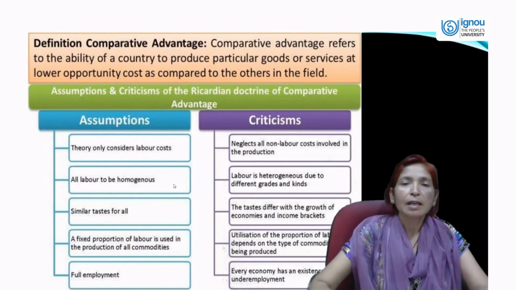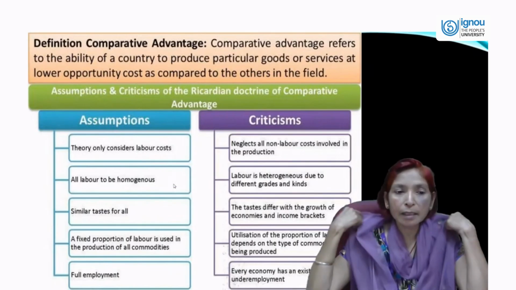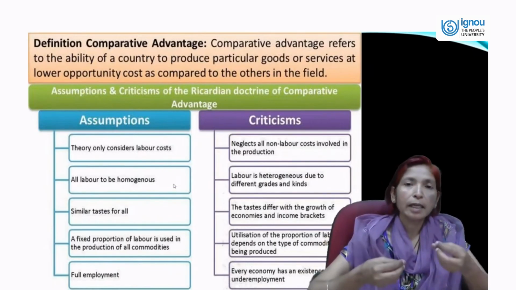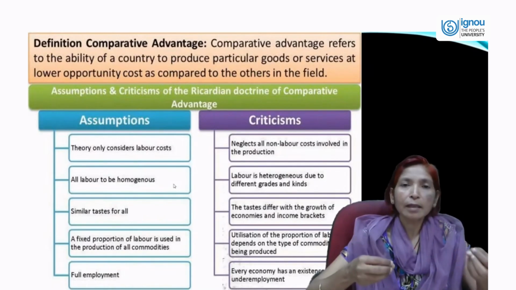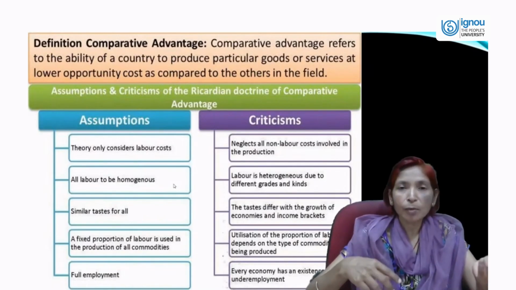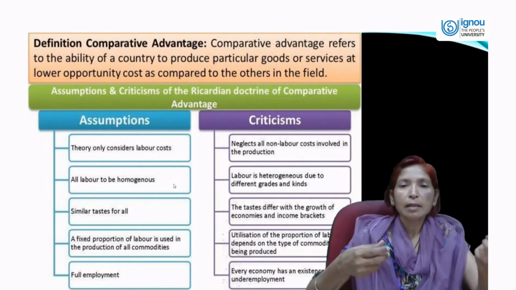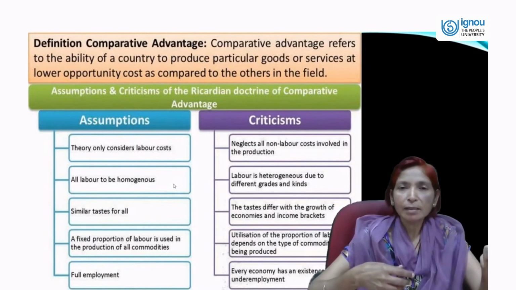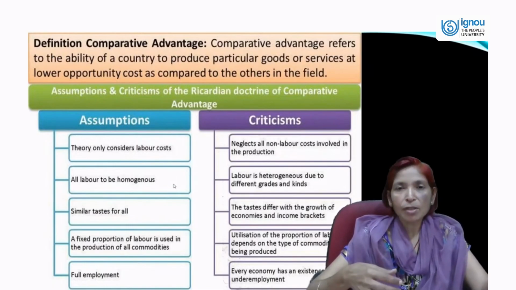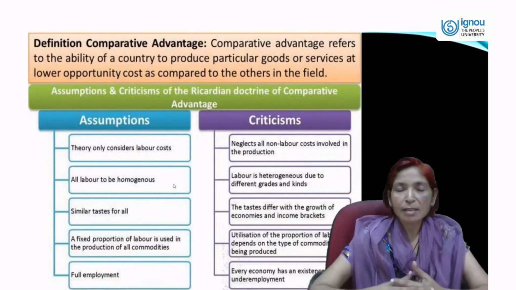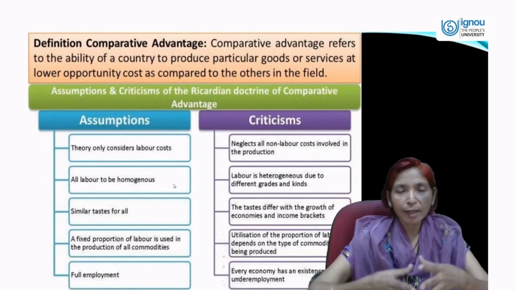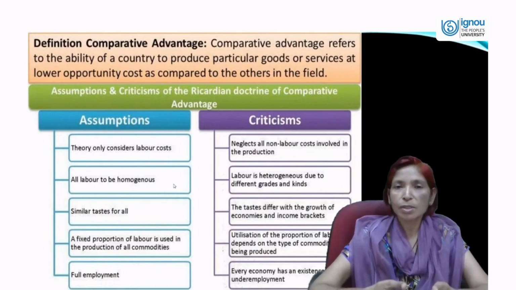The first assumption is that this theory mainly considers only labor cost. We know that factors of production are four: land, labor, capital, and entrepreneur. Only one factor can't produce any type of goods and services, because if we jointly use all the factors of production, then we can produce goods.